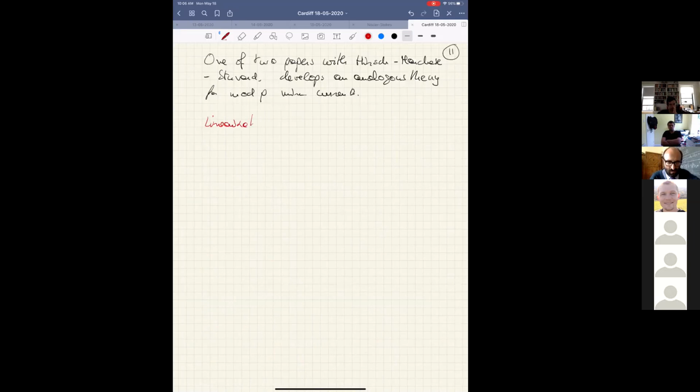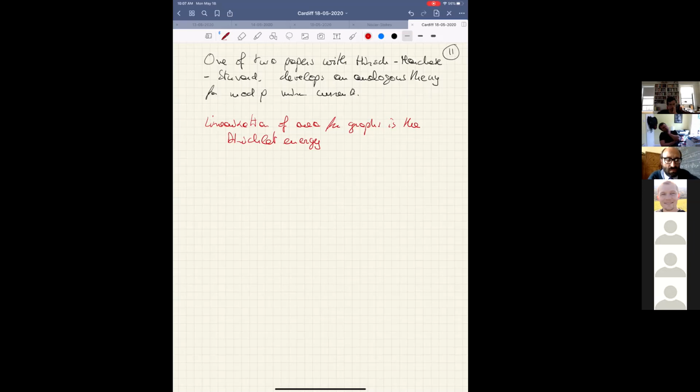So linearization of area for graphs is the Dirichlet energy. So what you really want is a theory of multivalued functions which minimize a suitable generalization of the Dirichlet energy.